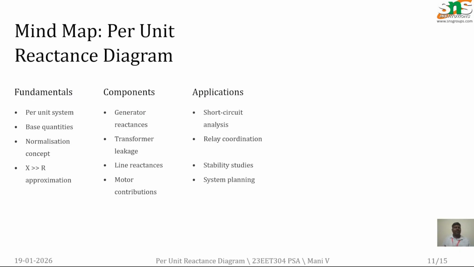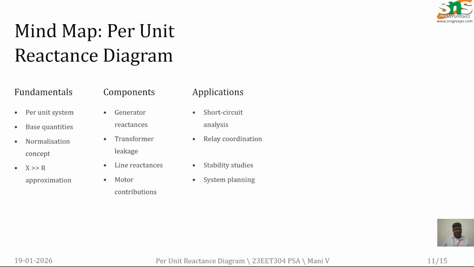So this is the mind map for the per unit reactance diagram. It can be classified into three categories: fundamental, component, and applications. In the fundamental, we have to know what the per unit system is, choose the base quantity, and normalize the concept with respect to the base quantity. The reactance is always greater than the resistance, so we choose only the reactance value.